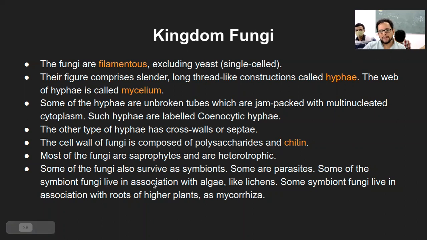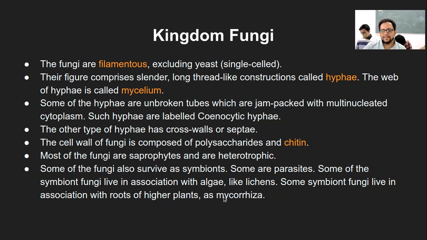Some of the symbiont fungi live in association with algae, a combination of fungi and algae, which we simply call lichen, which is a category. One example that I showed you is the stone flower, or the dagad phool, which we eat in the spices. Some symbiont fungi live in association with the roots of higher plants, and they are called mycorrhiza.